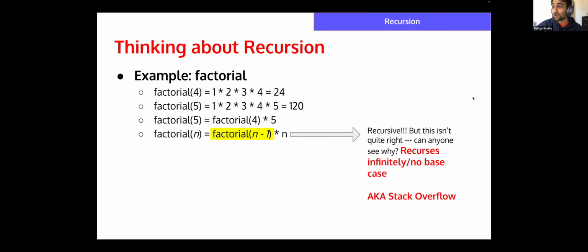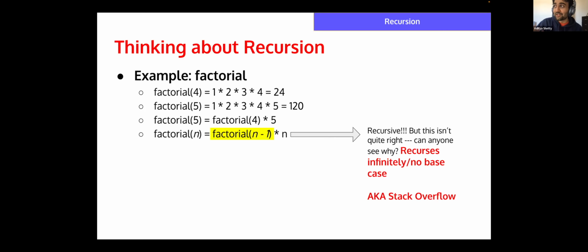There's no such thing as a negative factorial, right? And the way that we defined this, it will just recurse infinitely. We'll never hit a base case to stop. And if we try to actually run this on a computer, we'd keep adding frames and frames to our stack until eventually we run out of memory.